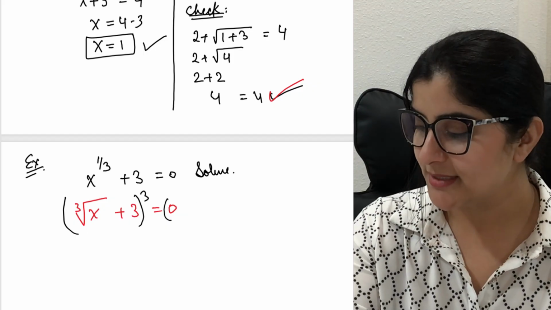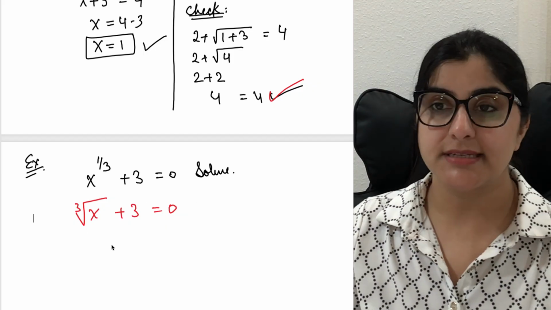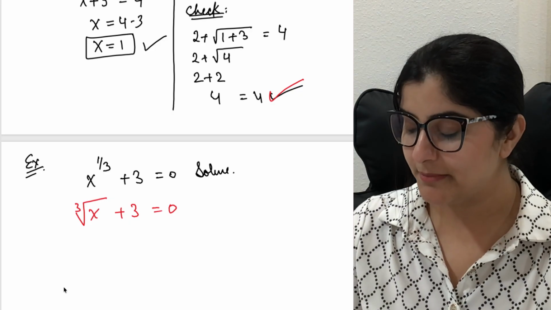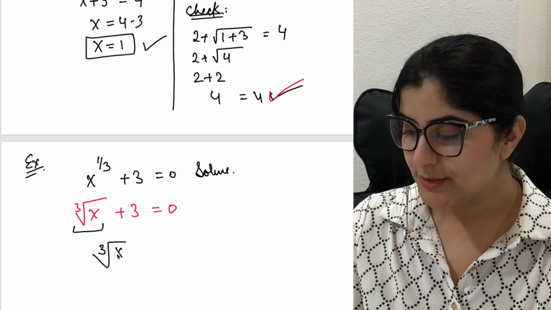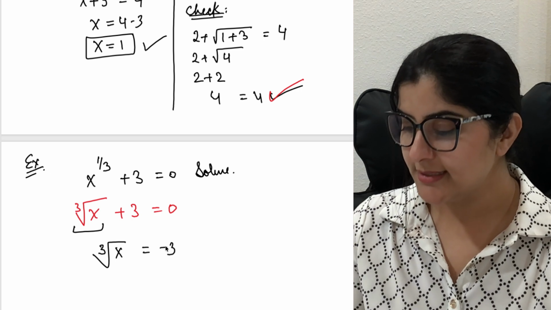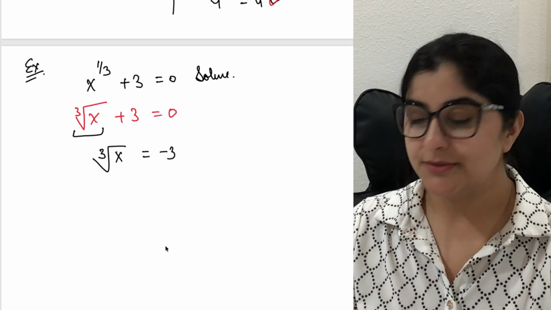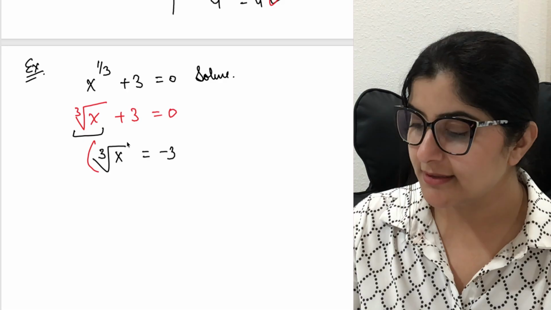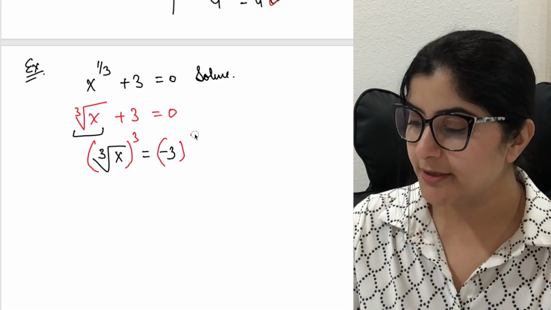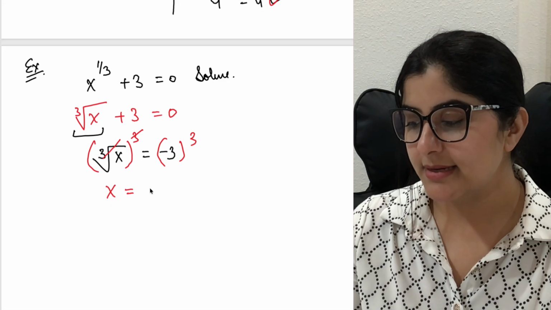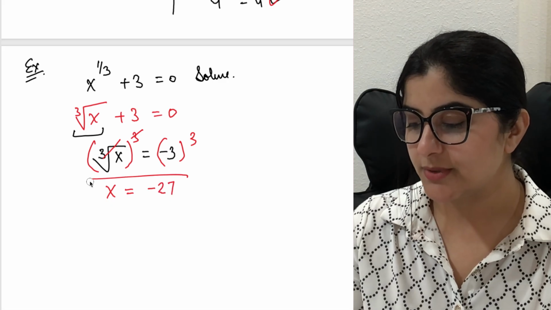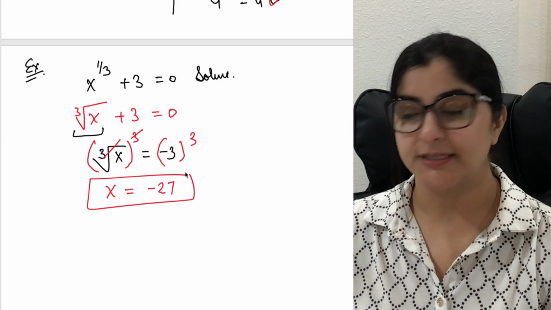So we have to do one extra step before the third power. Isolate the radical expression by moving this 3 to the other side, and now you are ready to take the third power on both sides to get rid of the cube root. You get x is equal to minus 3 to the third power, which is minus 27. This is our solution.